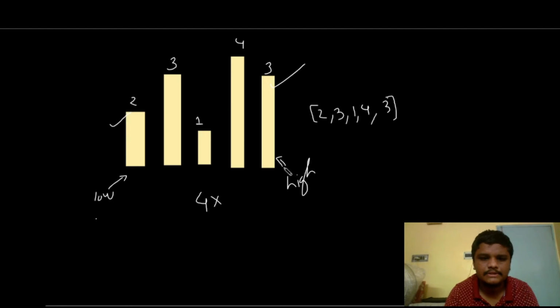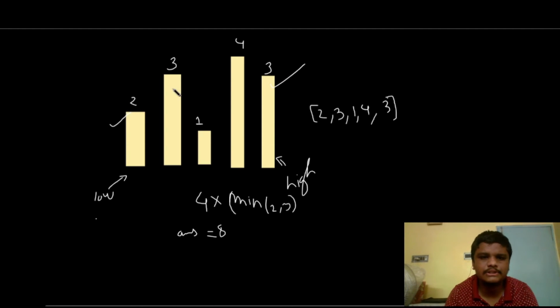Now we need to multiply this 4 with the minimum. So the minimum of 2 comma 3, 4 into 2, this would give me 8. Now let's store this 8 in a temporary answer.